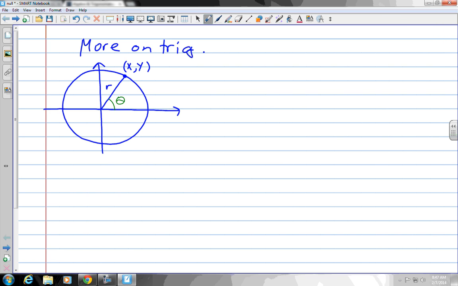And then we can start discussing sine theta, cosine theta, tangent theta, and so forth. And again, this came up before. I'm just making it official and set in stone.